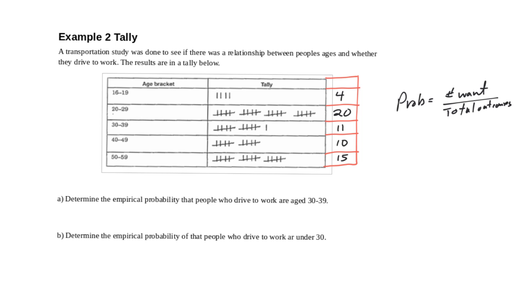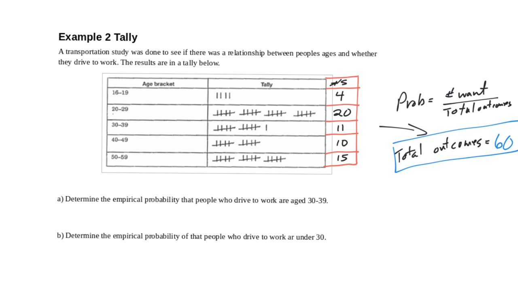So the first thing we've got to do is total up all of these numbers, which add up to 60. Now we've got to determine the probability of people who drive to work who are age 30 to 39.